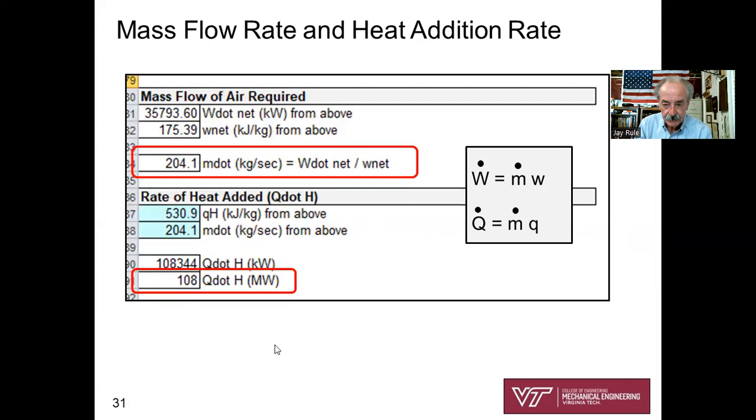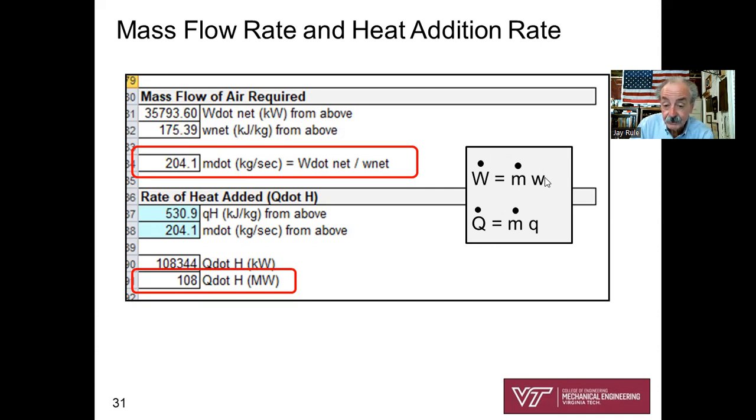Now we were also asked in the problem, what's the mass flow rate and the heat addition rate? Remember, W dot net was given. The first thing we did was transform that into kilowatts because we got W net in kilojoules per kilogram. W dot divided by little w is going to give us m dot. There we go, see?